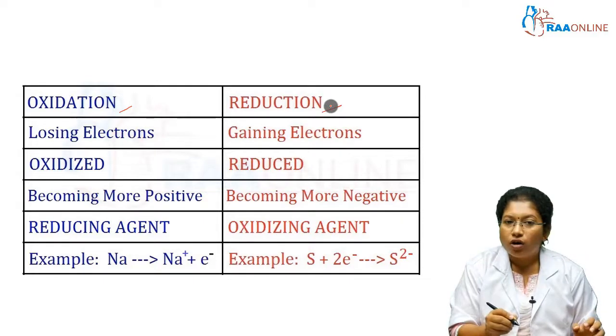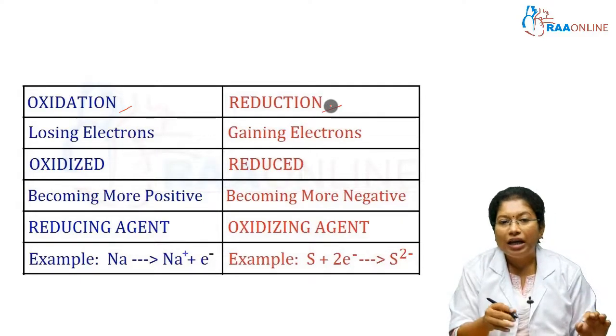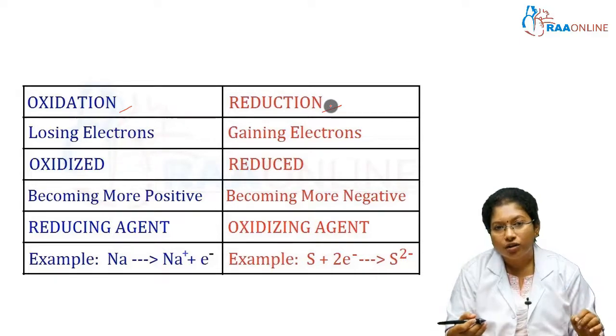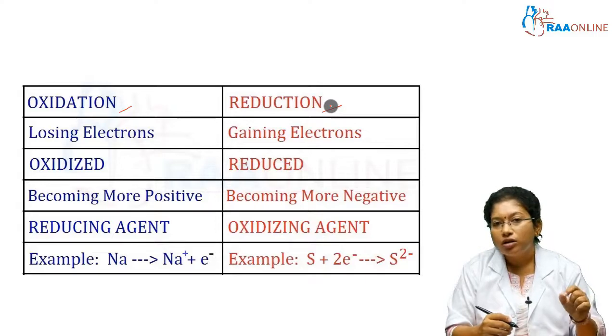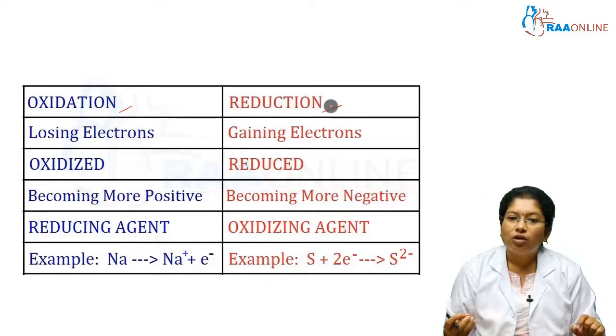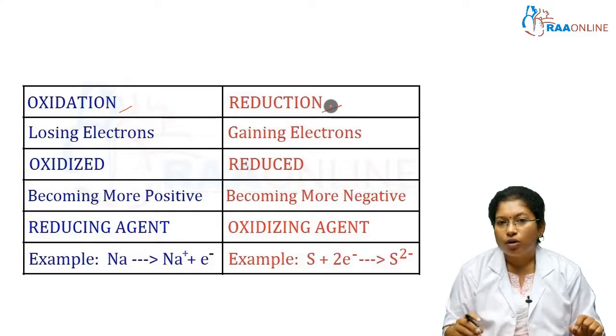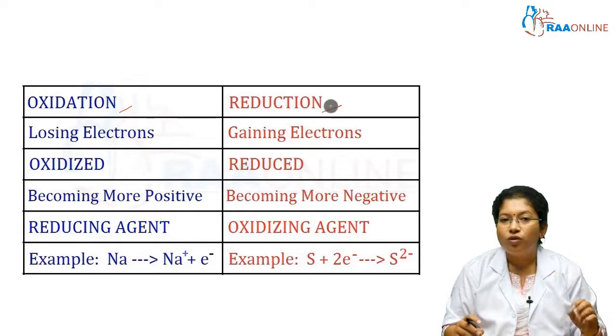Loss of electrons is called oxidation. Gain of electrons is called reduction. The compound which loses the electron is oxidized. The compound which gains the electron is the reduced compound. When it is oxidized, it becomes a more positive compound.